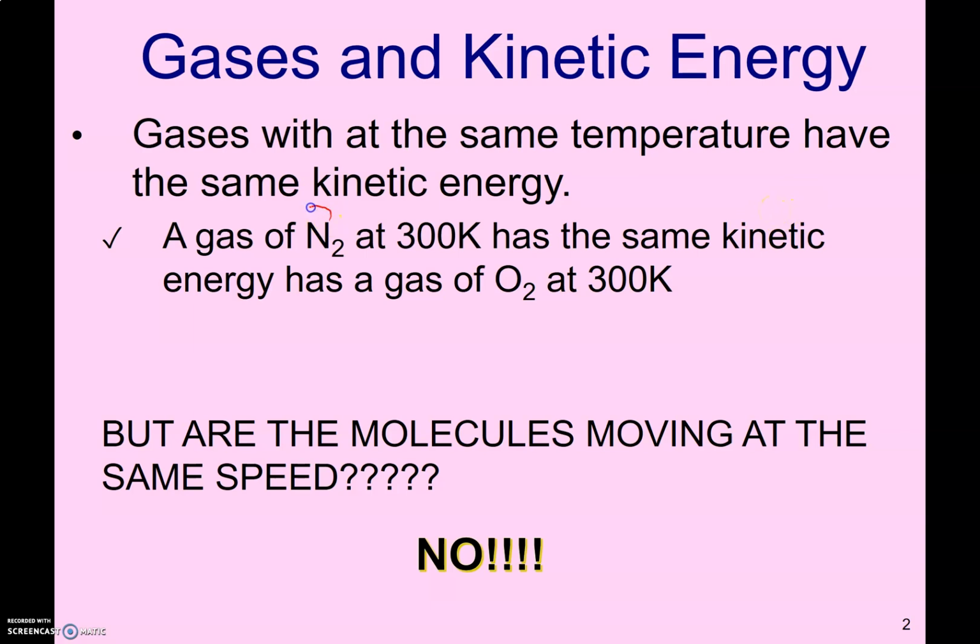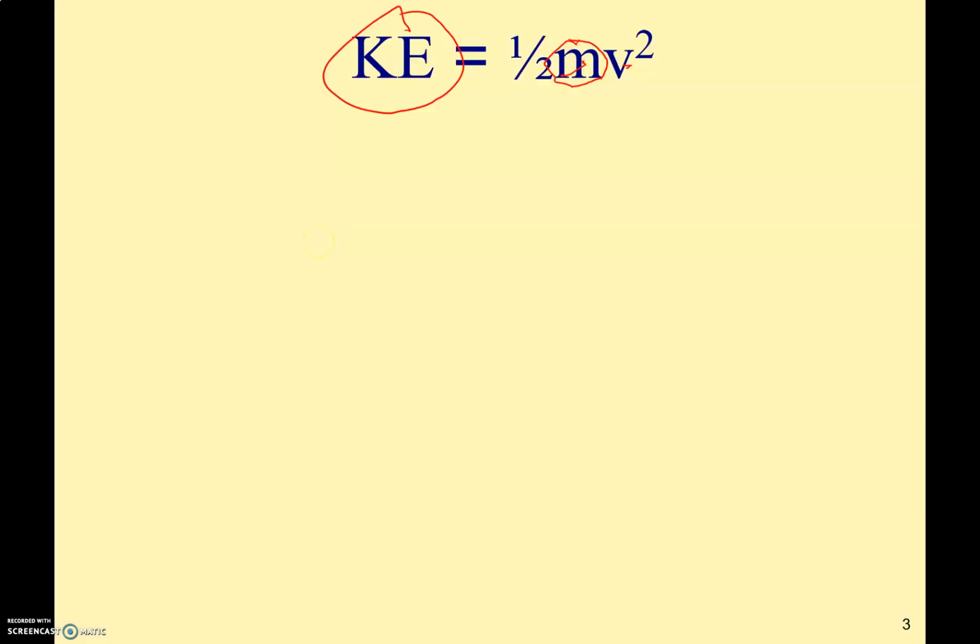This one weighs 28, this one weighs 32 grams per mole. The N2 gas will be moving faster because it's lighter than oxygen, but it will have the same kinetic energy because mass is part of the kinetic energy formula. So it will hit the wall of the container with the same force, because oxygen has more mass but less speed, and nitrogen gas has less mass but more speed.